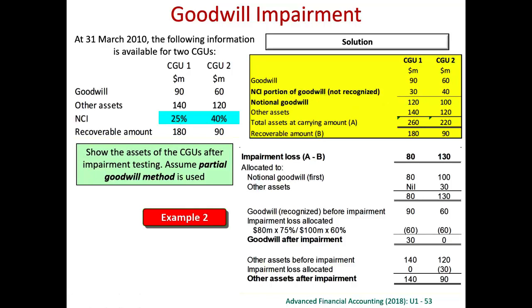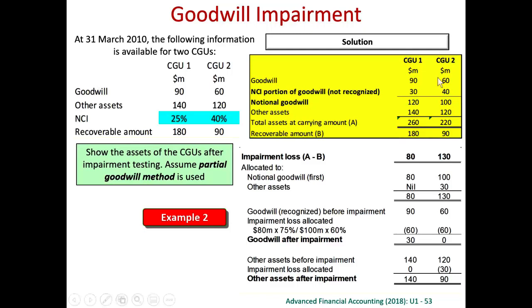So if 75% is 90, 1/3, 25% for NCI must be 30. This is just a proportional. So we estimate the notional total goodwill, including goodwill for parent and goodwill for NCI. So we compare this notional goodwill with other assets. And this is the total carrying amount. And we compare it with the recoverable amount.